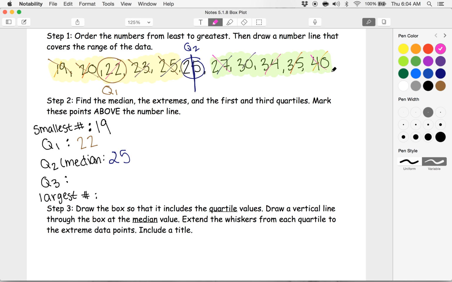Cross out, cross out, cross out, cross out, and look right in the middle. Now I have quartile 3. 34 is quartile 3. The last piece of information we need to know is what is my largest number? It looks like my largest number is going to be 40.